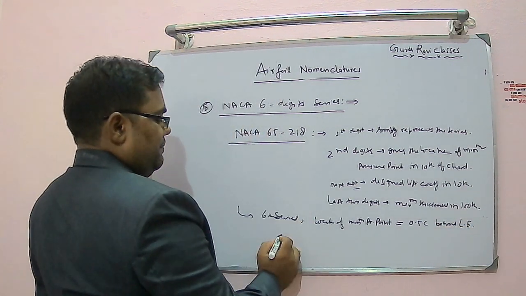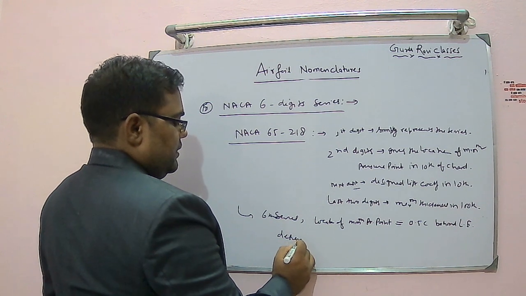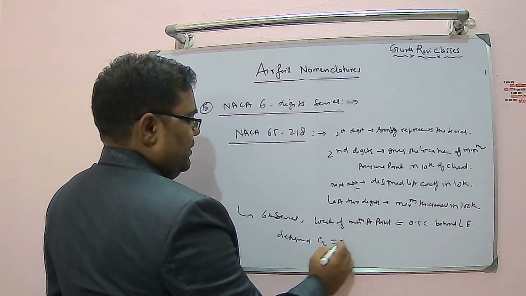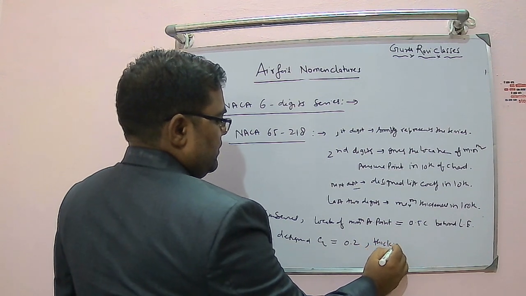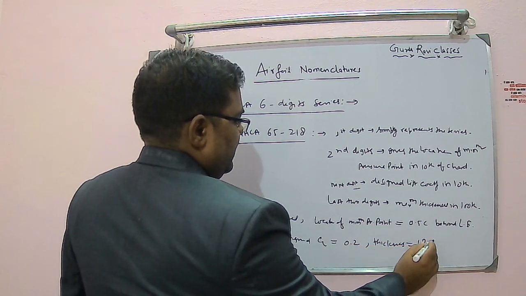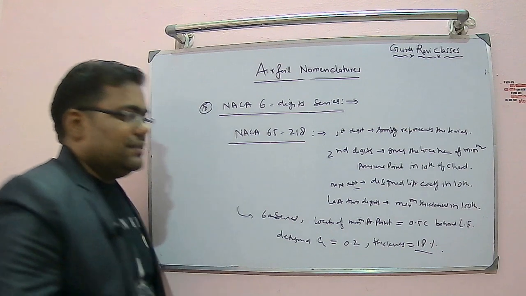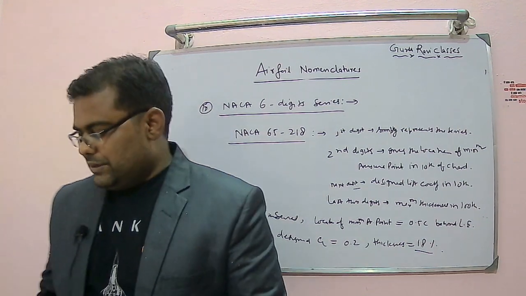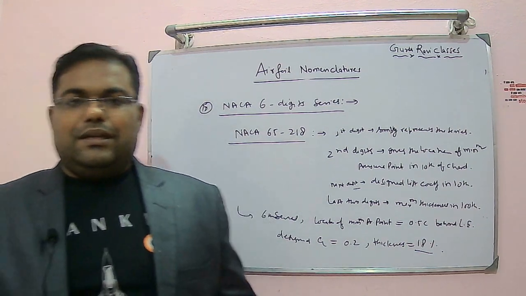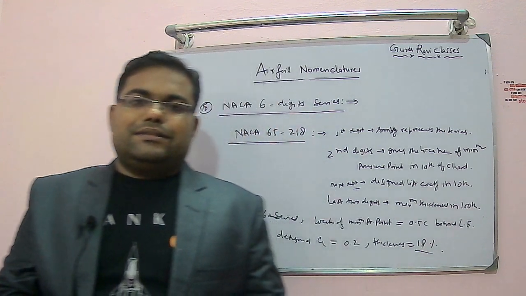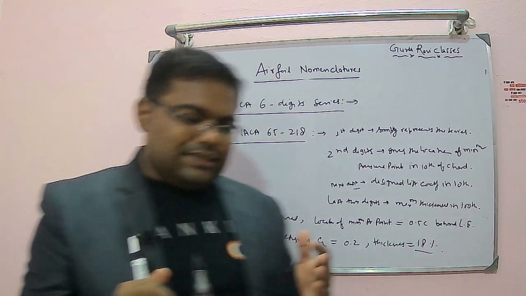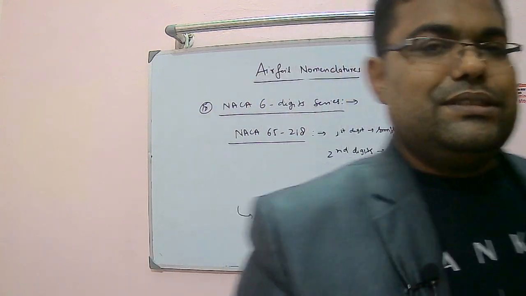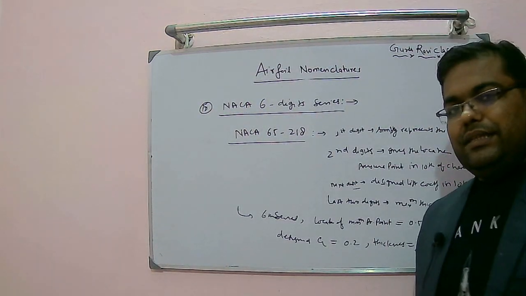And design lift coefficient, designed CL, is equal to 0.2, and thickness is equal to 18%. Thickness is 18%. Like that, I can say this is the six-digit airfoil. So these are the three families of airfoil developed by the NACA.